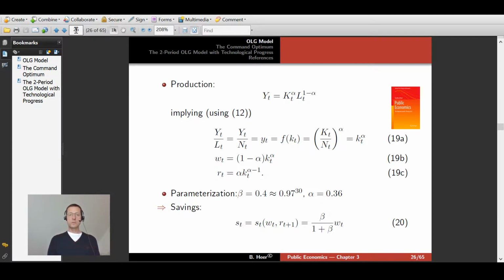Due to our assumption of logarithmic utility, savings are proportional to wages and do not depend on the interest rate. So the income effect and the substitution effect of a rise in the interest rate just cancel, and savings are given by equation 20 on slide 26.